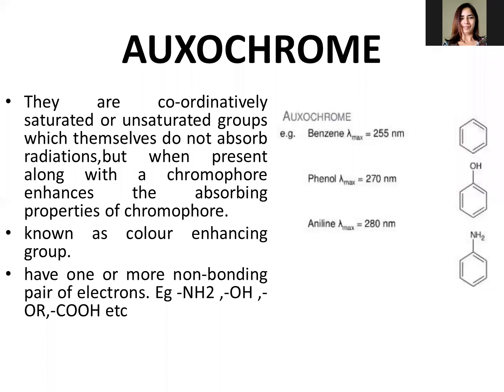All auxochromes have one or more non-bonding electron pairs, such as NH2 having a heteroatom N, OH, OR, COH, etc. They intensify the color by extending the degree of conjugation. Thus, the non-bonding electron is shared by the conjugation, and thereby it affects the lambda max.